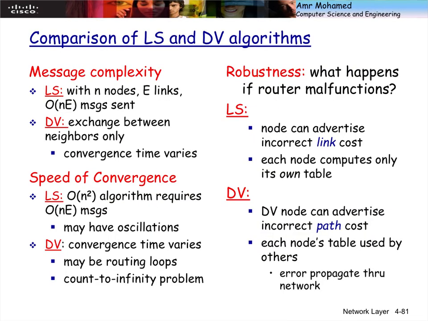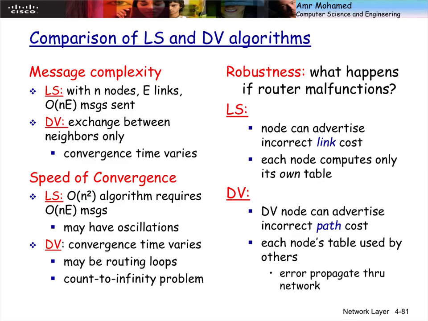So, a quick comparison between link state and distance vector. In terms of message complexity, here we mean the count of the messages that we need to send. For link state, we know that the link states for all the edges need to be reported to all the nodes.